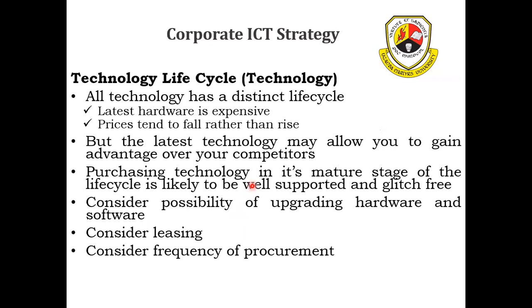It may not be a good idea to buy the latest hardware, which is expensive. All technology has a life cycle. There's a time when it comes out, and then it becomes obsolete. So it is important that ICT is aware of these factors.